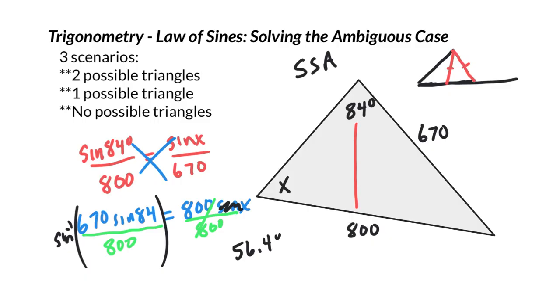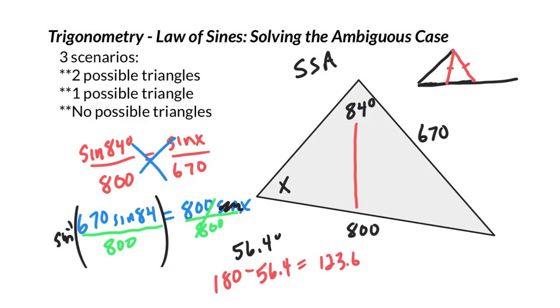Meaning, we're going to check, okay, we think this could be 56, or it could be the other part of 56 that adds up to 180. So we always check, we say, okay, in that scenario where we can make two triangles, the other possible angle would be 180 minus 56.4, which is 123.6.